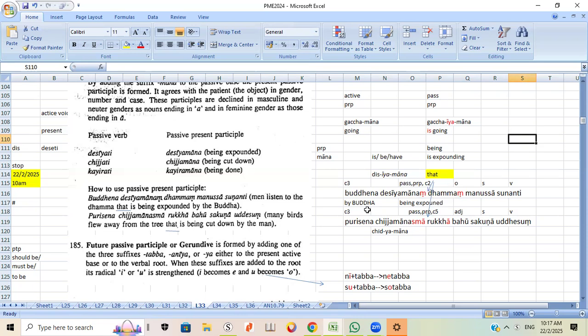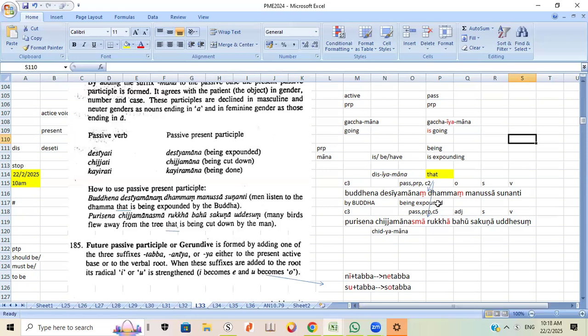Can you see this one? This one is a descriptive. That means this Dhamma takes an object extension. So that's why it has the same case. In this particular case, in order to connect these two, because this is not an adjective to Dhamma, because when they are the same case, normally we learn that is a direct adjective.